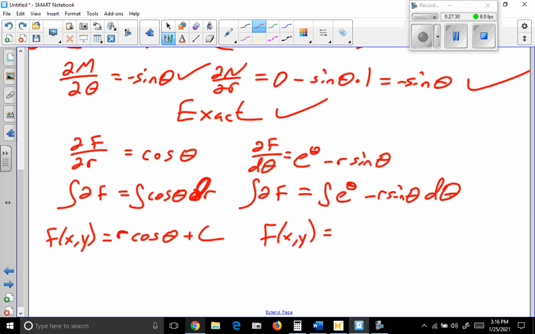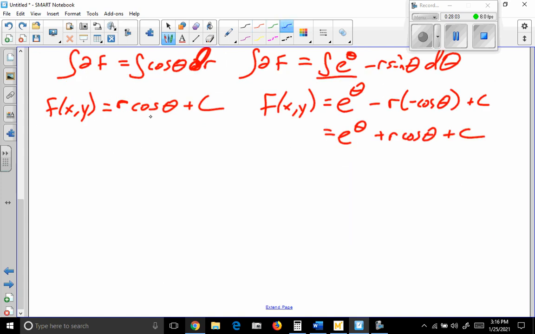We're integrating here with respect to theta. So when we integrate e to the theta d theta, just like integrating e to the u du is e to the u, this would be e to the theta. Minus r is the coefficient, so we leave it alone. And when we integrate sine, the integral of sine is minus cosine. So we get e to the theta plus r cosine theta plus c.